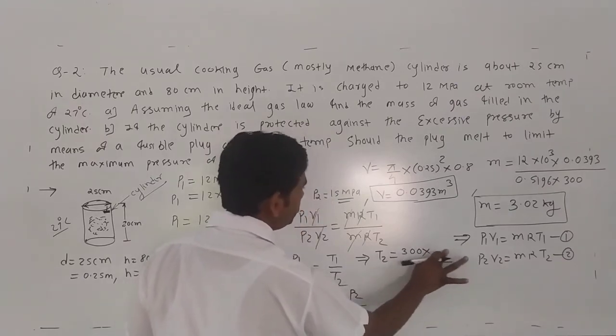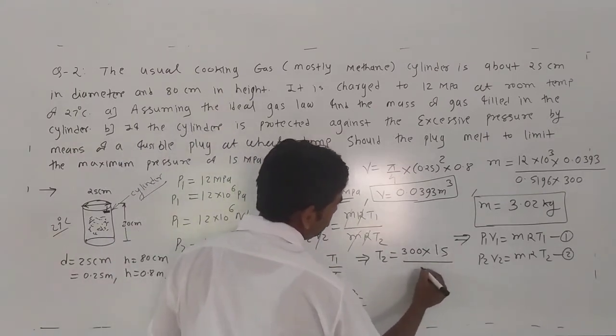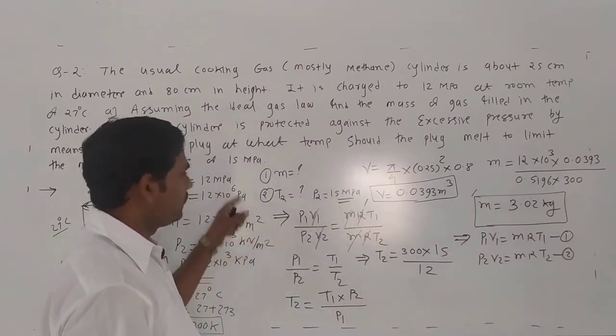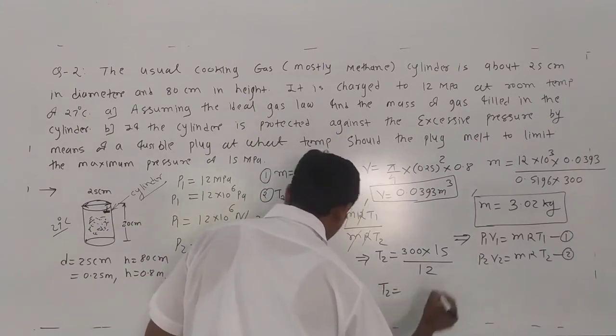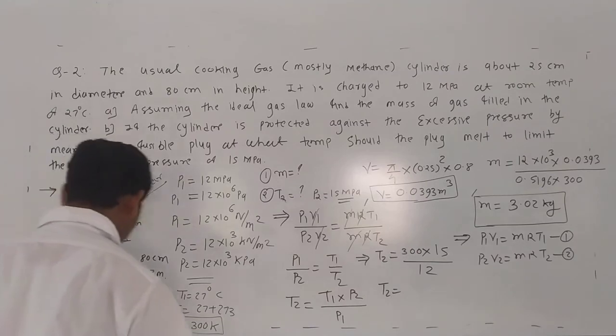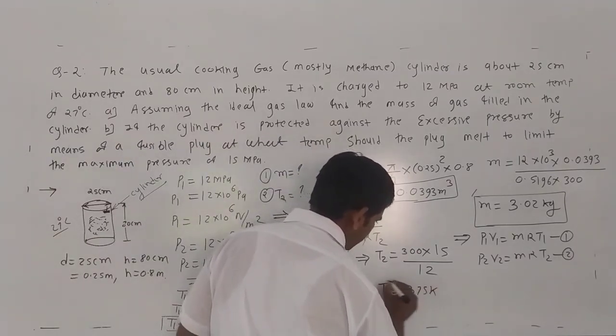P2 is 15 megapascal and P1 is 12. This megapascal and this megapascal cancel. So what is the value of T2? You do the calculations. How much? It is 375 Kelvin.